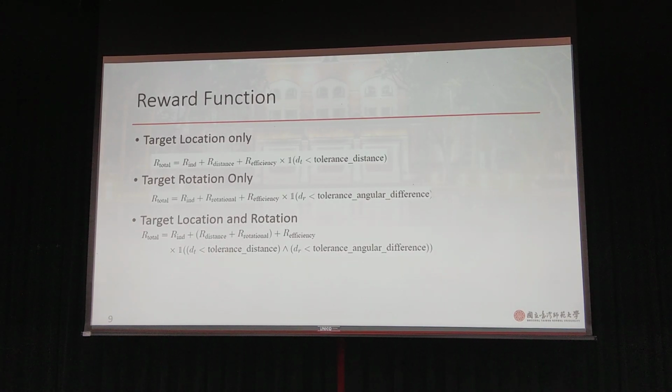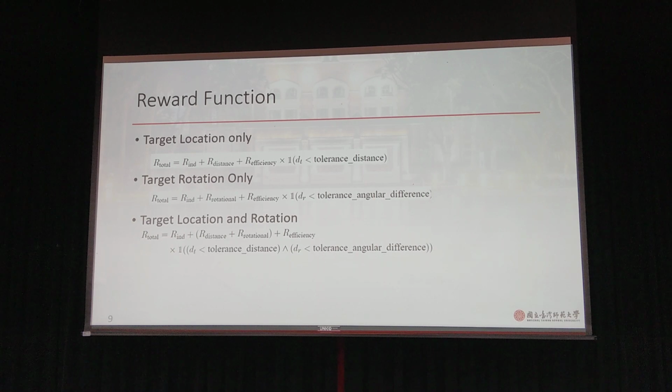And this is the reward function. The reward function can be categorized as individual rewards and objective rewards. Individual rewards are how the agent moves towards the box, and objective rewards are how the box moves.